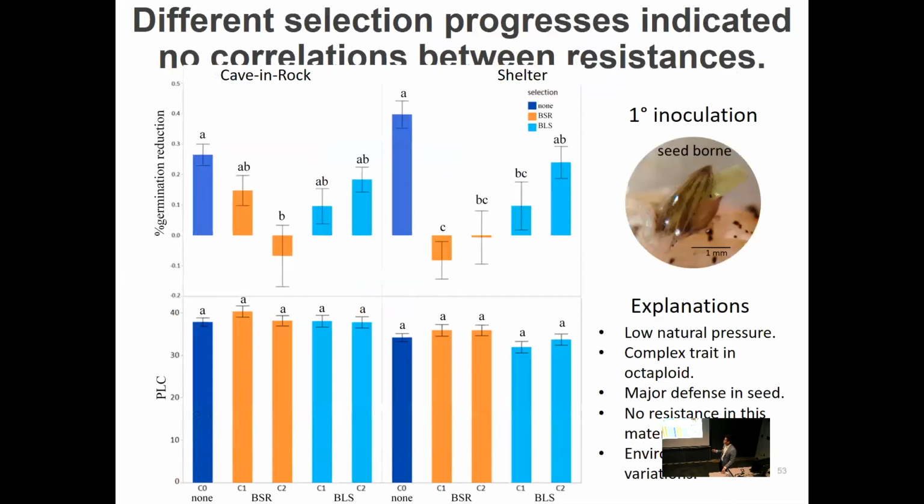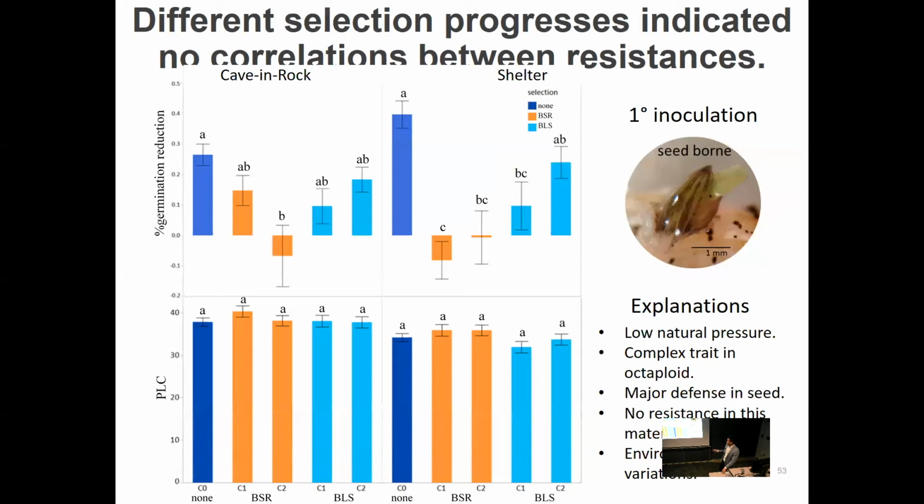So the conclusion from this selection is based on the different trends. The top bar is the selection screening for Bipolaris seed rot, and the lower result is resistance to Bipolaris leaf spot. You see there's a flat trend here, while in the resistance to Bipolaris seed rot there's a huge trend here, it reduced. The light blue bar represents the population that was selected for Bipolaris leaf spot.